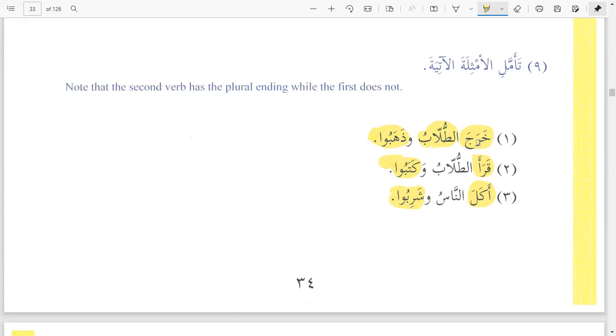If we say kharajat talibu, the student left, wa zahaba, and he went. Because the subject is singular, that's why we say wa zahaba.